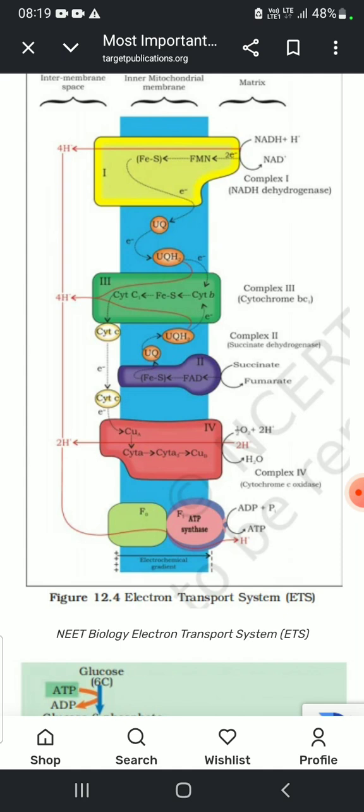CF0 is the integral membrane protein complex, and it forms the channel through which the protons cross the inner membrane. The passage of protons through the channel is coupled to the catalytic site of the component for production of ATP, and 4H+ pass through F0 from the intermembrane space to the matrix.